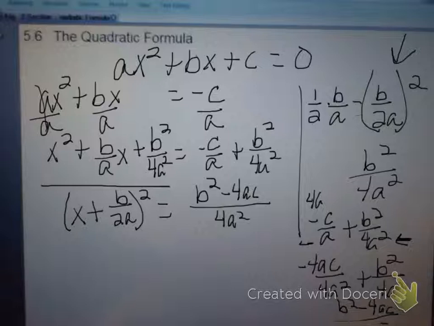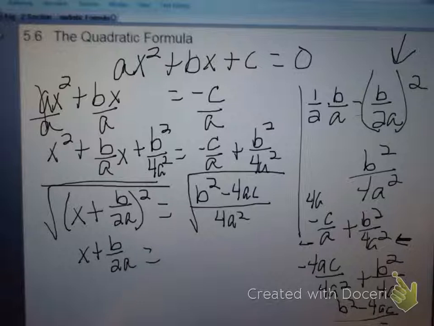Now I'm going to do the square root property, where I take the square root of both sides, and what's inside just falls out. And you get plus or minus. I cannot take the square root of the numerator, so it stays inside the radical. But I can take the square root of the denominator.